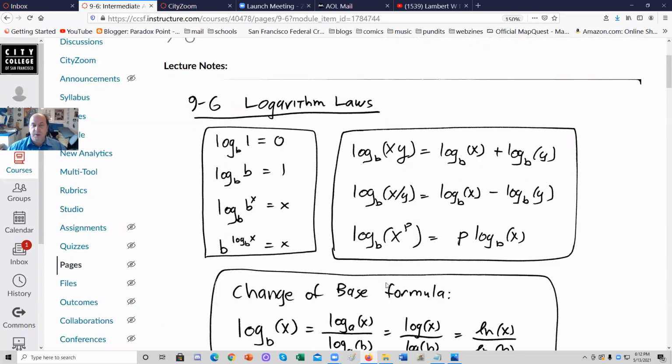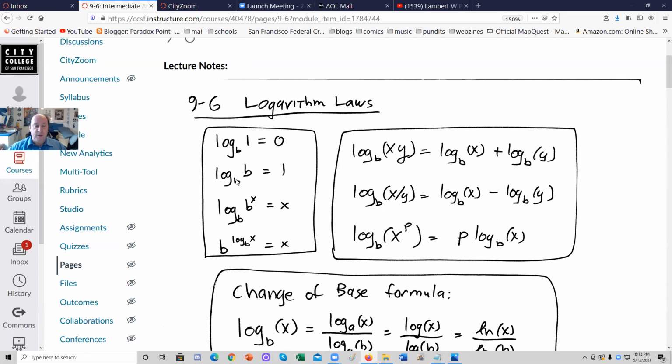Okay, logarithmic laws. Remember, a logarithm base b of x is what b must be raised to get x. B to the log base b of x is x. And conversely, log base b of b to the x is x. So basically, a logarithm looks at the exponent of the base b. The logarithm and exponential base b are inverses of each other.